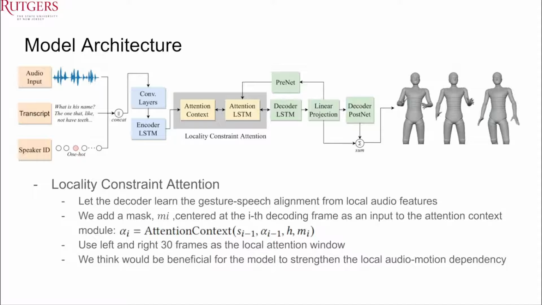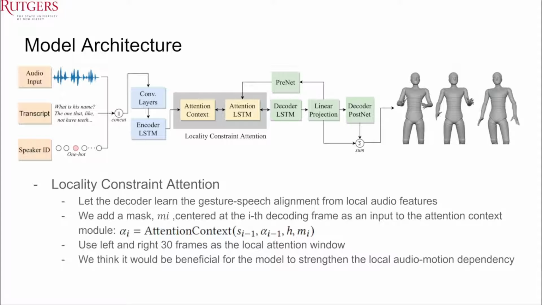We added the locality constraint to the attention context because we want the decoder to learn the gesture speech alignment from local audio features. The temporal correlation between gesture and speech is strong within a window of -1 to 1 second. We achieved it by adding a mask, centered at the i-th decoding frame, as an input to the attention context module.